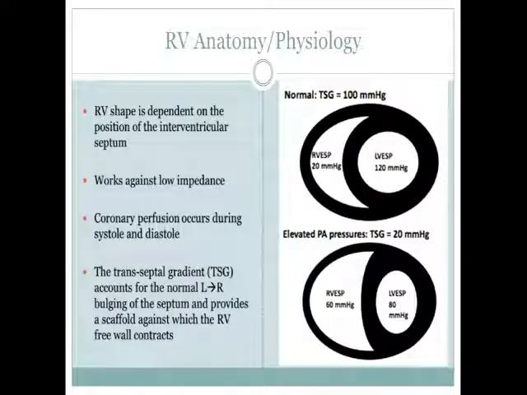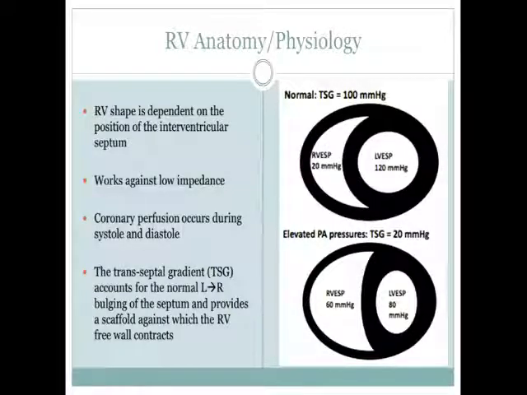The intraventricular septum bulges into the RV because of higher LV end-systolic pressures than RV end-systolic pressures. The idea of ventricular interdependence is basically that force is transmitted from one ventricle to the other through the myocardium and the pericardium, and that helps maintain the position of the intraventricular septum.